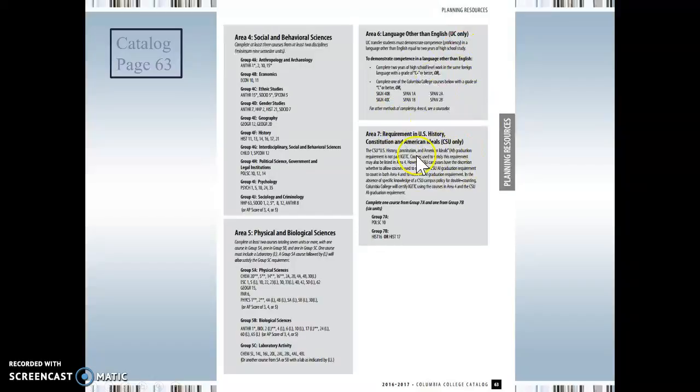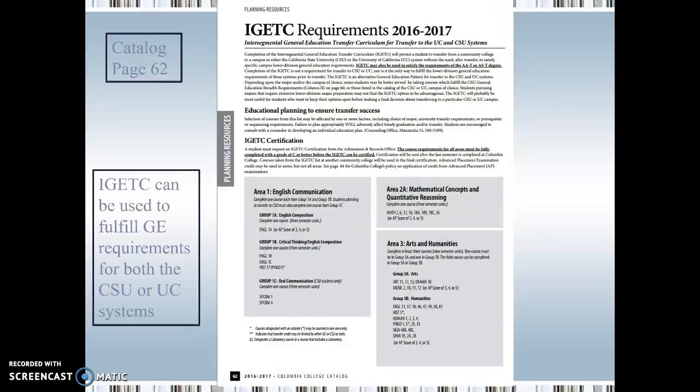So you've got to be careful and also work with a counselor to determine your best choices for classes. UC is really just more picky about the courses that they take than CSU, and so that's why you want to work with a counselor.